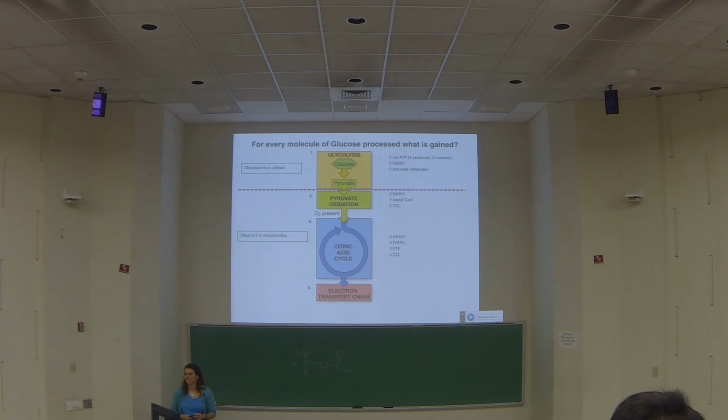All right? Everyone see that? We start all the way at glucose, count everything that happens in glycolysis, and then everything that happens after that twice, one for each molecule of pyruvate.